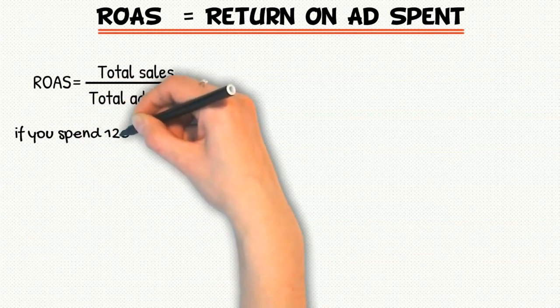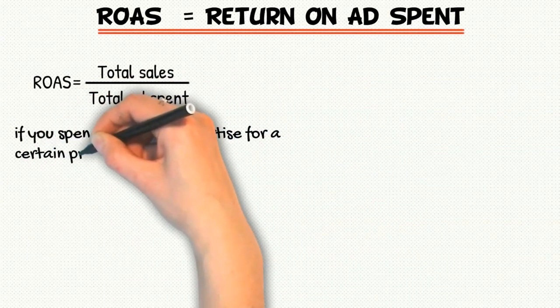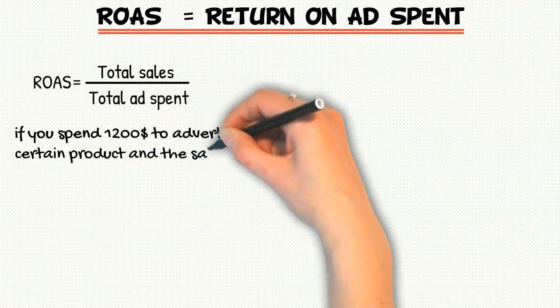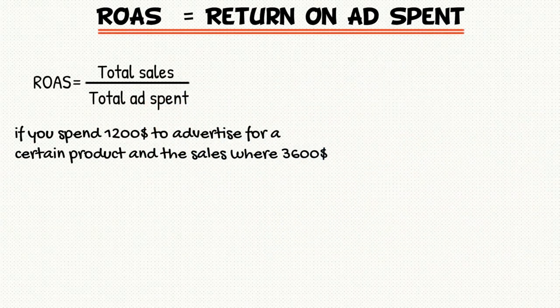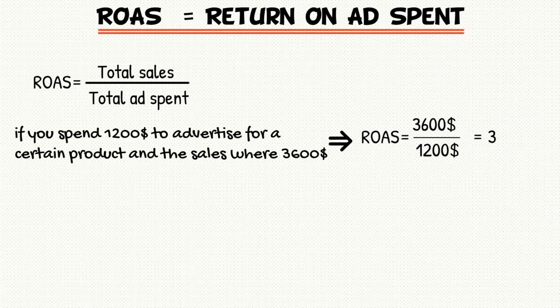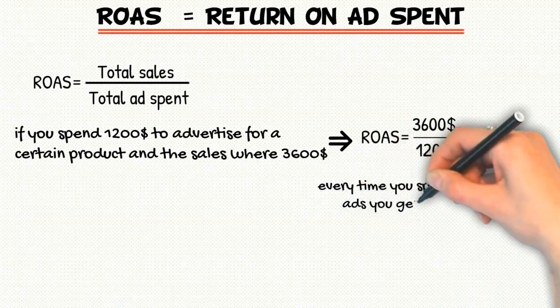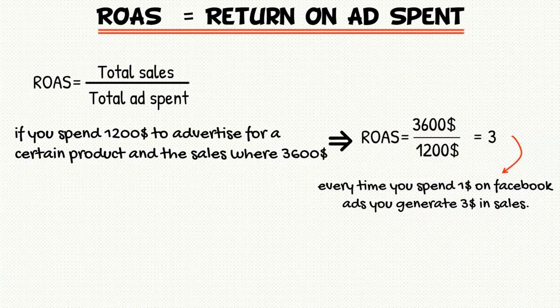If you spend $1,200 to advertise a certain product and the sales were $3,600, then your ROAS is equal to 3,600 divided by 1,200, which is equal to 3. Which means that every time you spend $1 on Facebook ads, you generated $3 in sales.